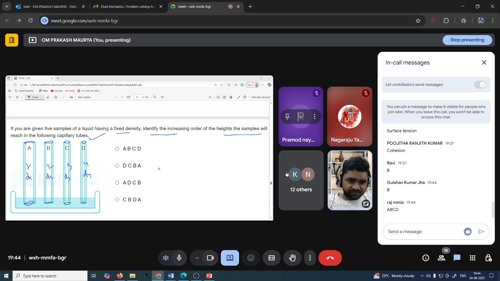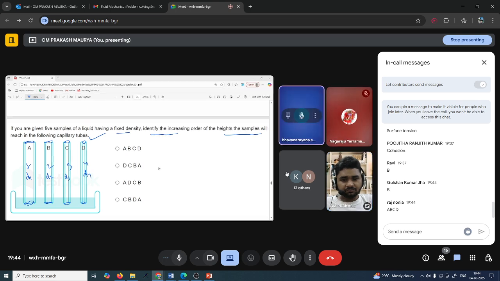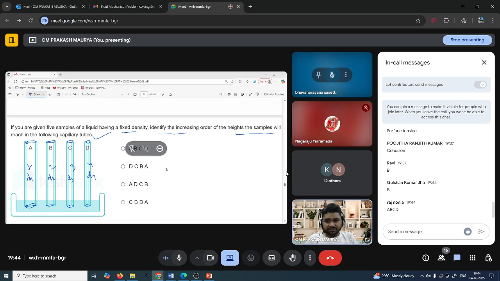Okay, Raj is telling A, B, C, D. Second one, D, C, B, A. Reddy is telling D, C, B, A. Okay, good. Other students, please also try to give your answer. Just first try to attempt the question. Whether you are wrong or right doesn't matter here.